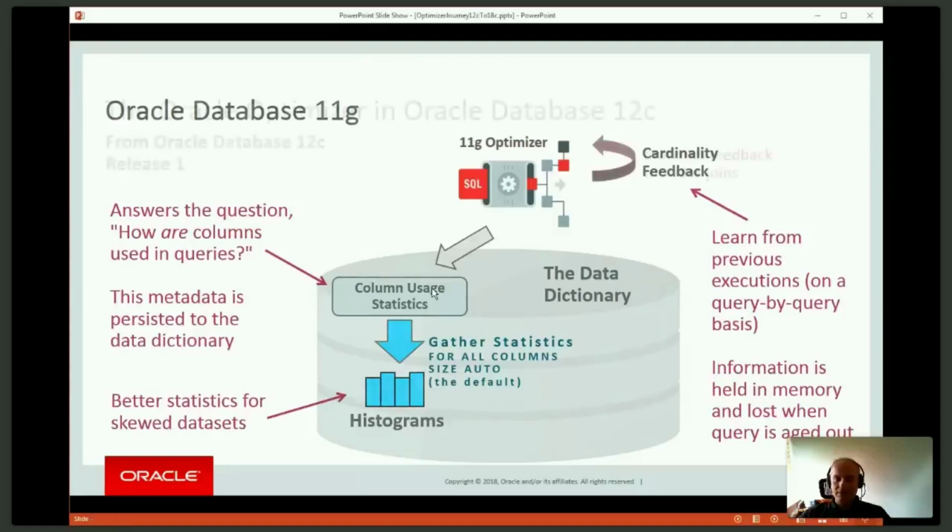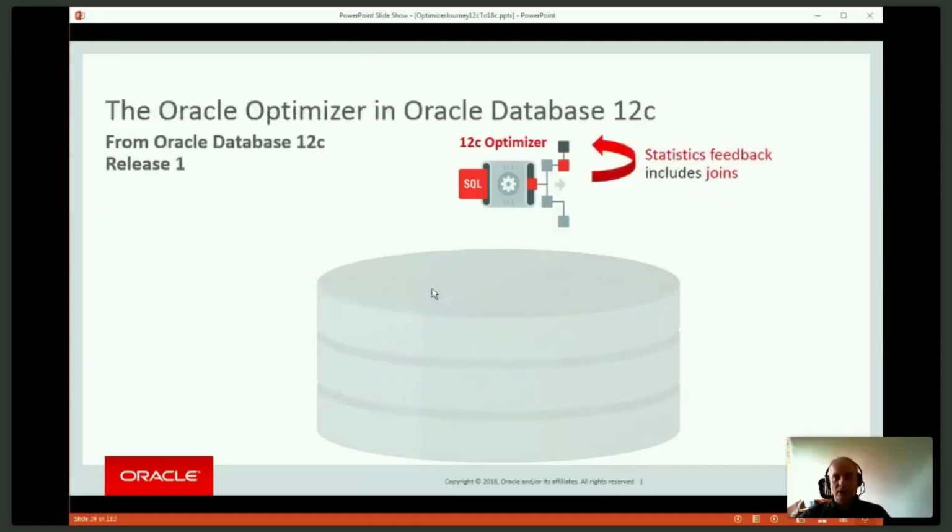So let's have a look. Okay, so in Oracle Database 12C, the first thing that changed was a name change. We changed the name of cardinality feedback to statistics feedback. And in fact, there was another change that occurred along with that, in that we also fed back cardinality with respect to joins. So queries that included joins, we would also include feedback about join cardinalities. This actually had a side effect in that it made the statistics feedback or cardinality feedback somewhat more dynamic.